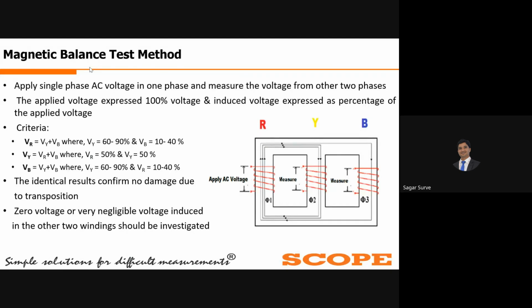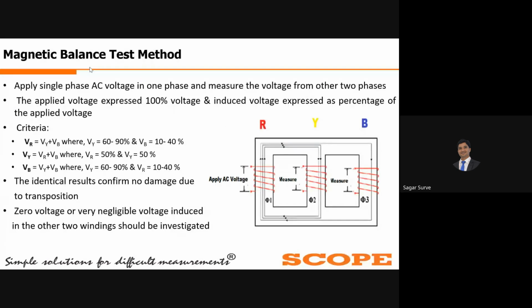Suppose we consider the applied voltage as 100%. The flux generated inside the transformer, and the associated flux with Y and B will not be the same, because as the Y phase is nearer to the R phase, more flux will be generated in the Y phase compared to the B phase.